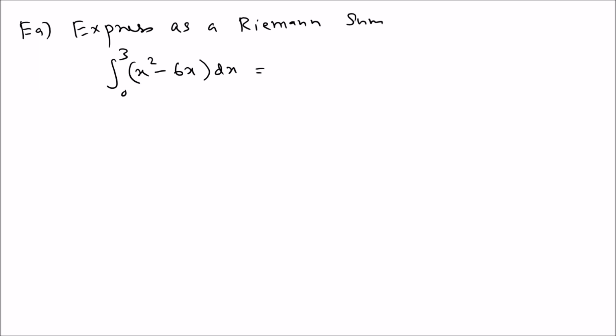We know that there's a limit, finite Riemann sum, infinite Riemann sum, and sigma, so we have i going from 1 to n. You know the function, so you're going to divide it into n parts and evaluate at the node point. The node point we normally represent by xi, so it is xi squared minus 6xi, and dx becomes delta x.